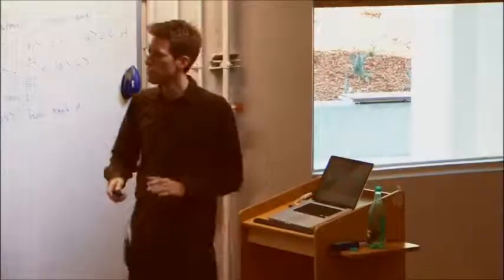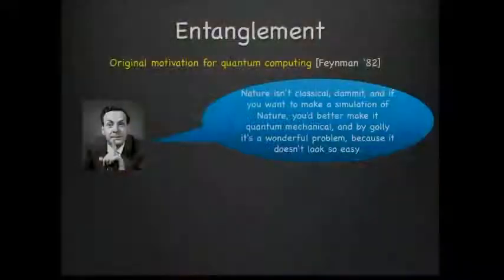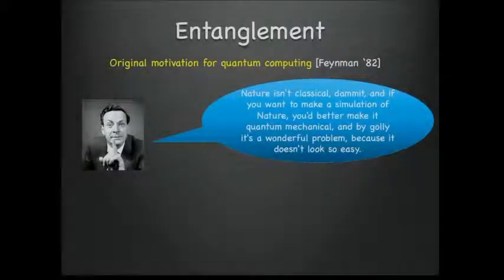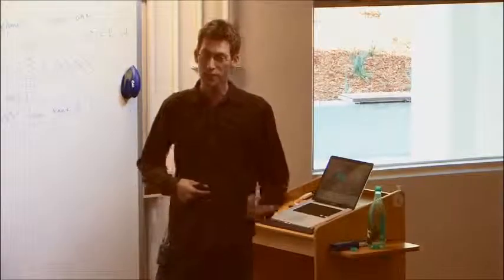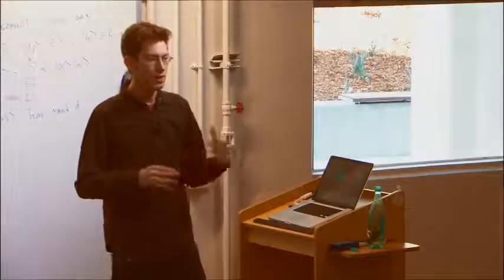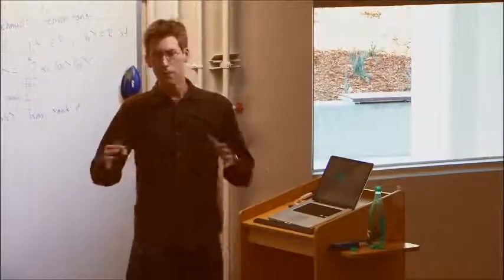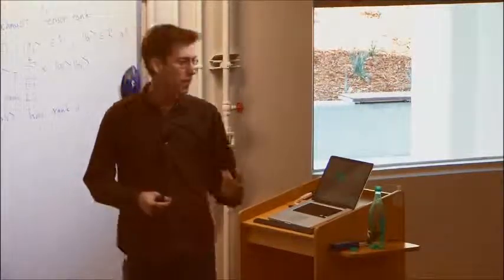So let me start by giving sort of the big picture of why quantum information theory might be an appropriate thing. And it goes back to really the original motivation for quantum computing in the first place, due to Feynman, who observed that it was hard to simulate quantum systems classically, that if you did it the naive way, you paid an exponential cost. And from this, he raised the possibility that perhaps a quantum computer might do a better job than classical computers.